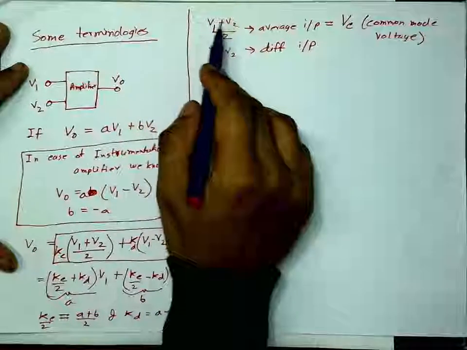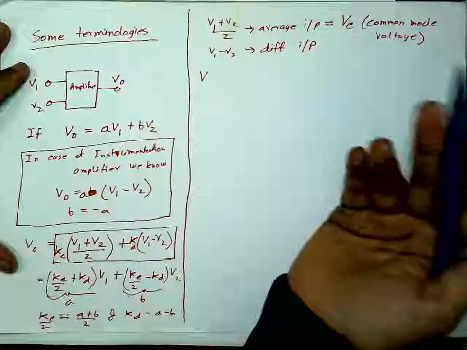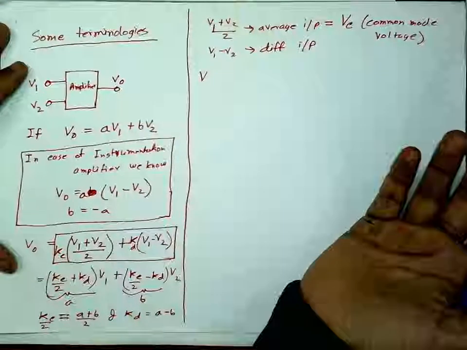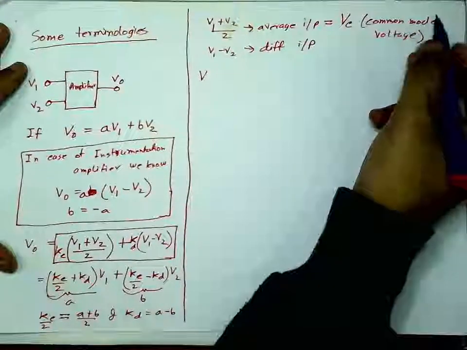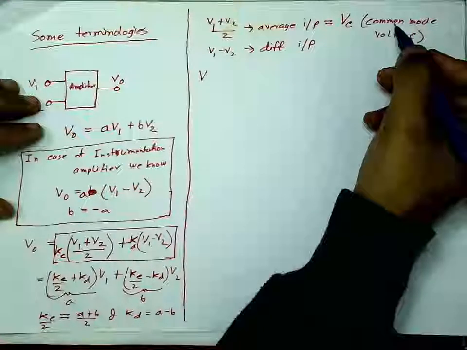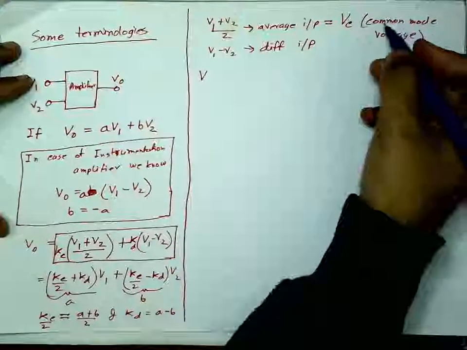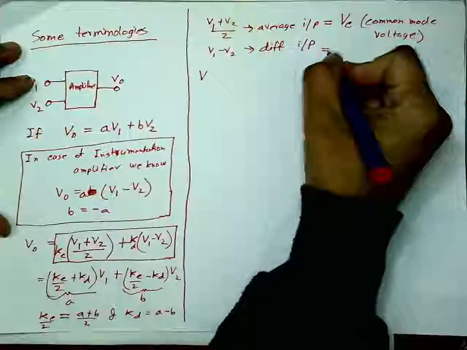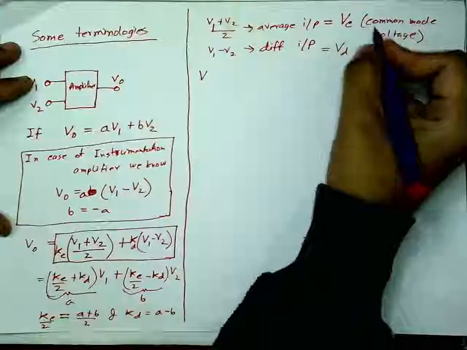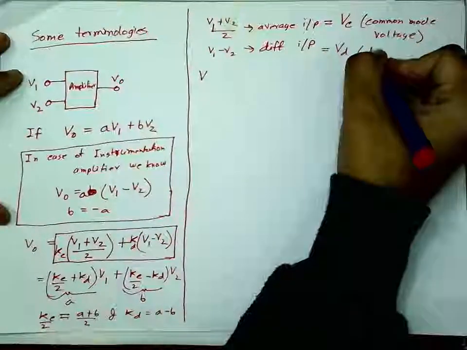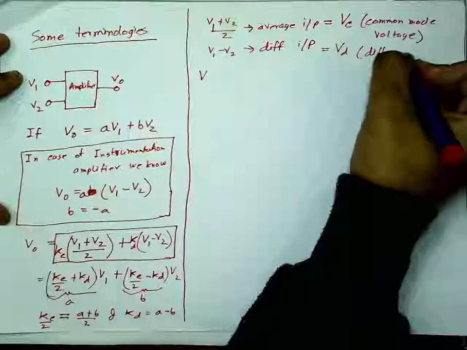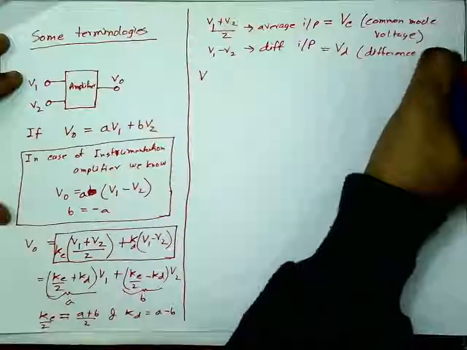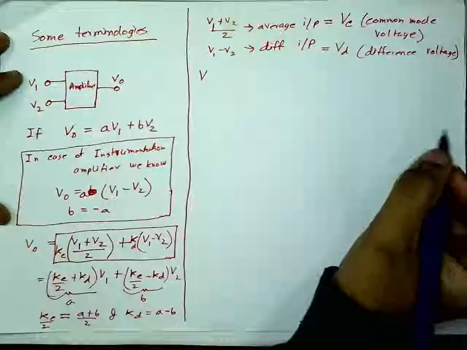What is common between V1 and V2? It's the average value. I don't know why it's called common mode, it's like average mode. Okay, it's the common mode voltage. And this VD is obvious, the difference voltage or difference mode voltage, whatever you like to call it.